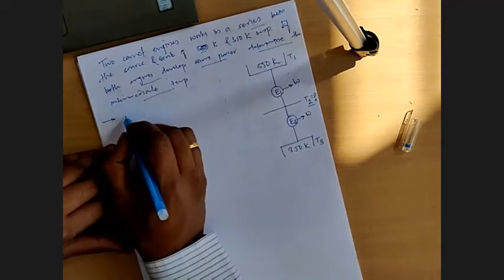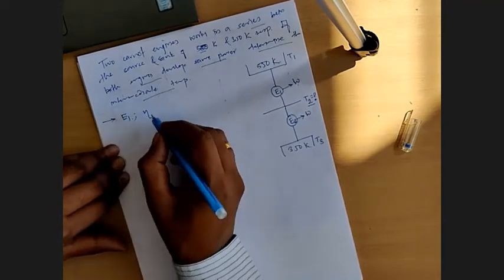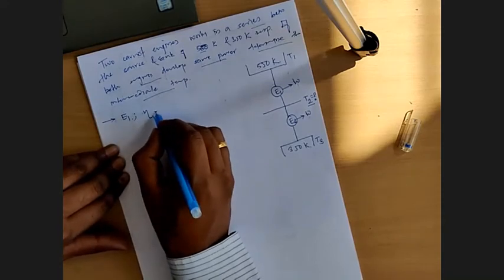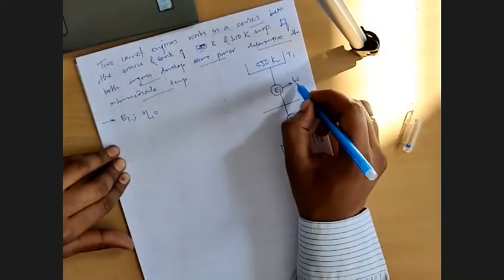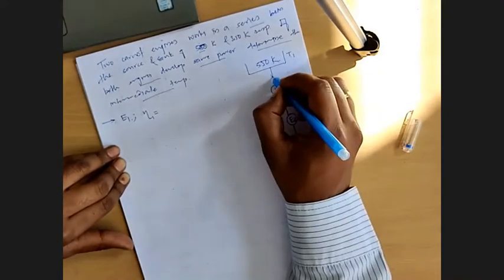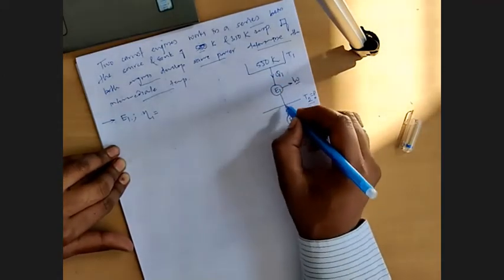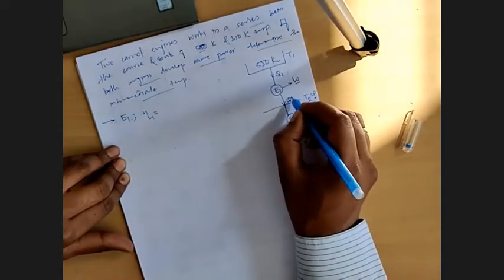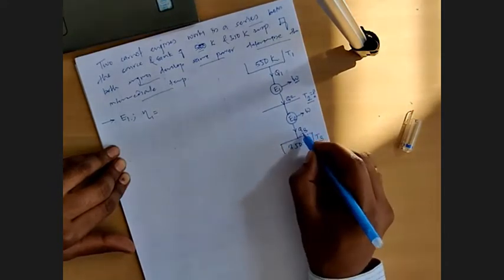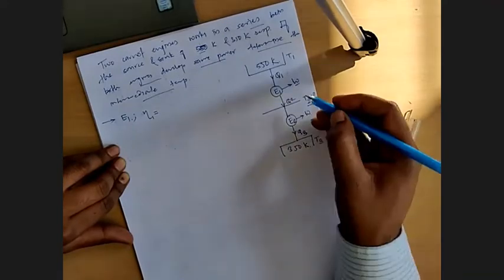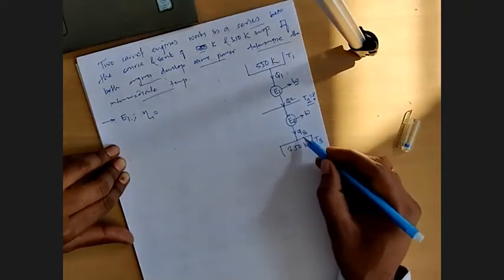For engine 1, efficiency N1 is equal to, if it is producing W1, it is taking heat Q1. Let's consider heat over here is Q2 and heat rejected to sink is Q3. As we have considered T1, it will be Q1. This one is T3, so this will be Q3.